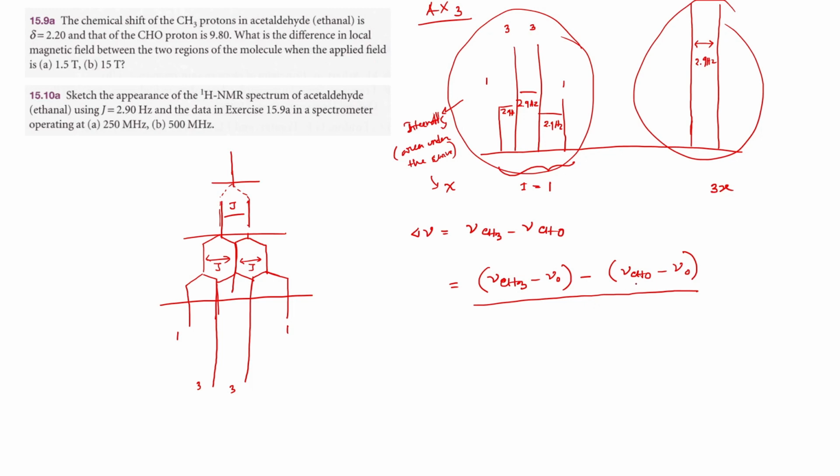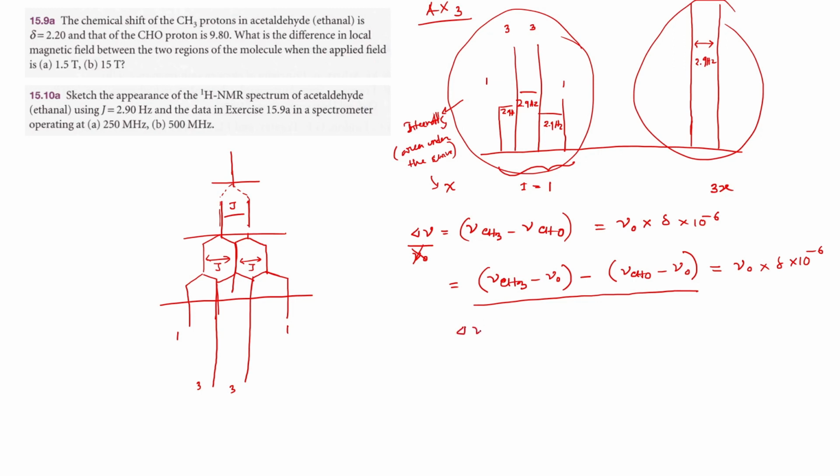If you take nu 0 out, this is actually nu 0 into delta into 10 to the power minus 6.